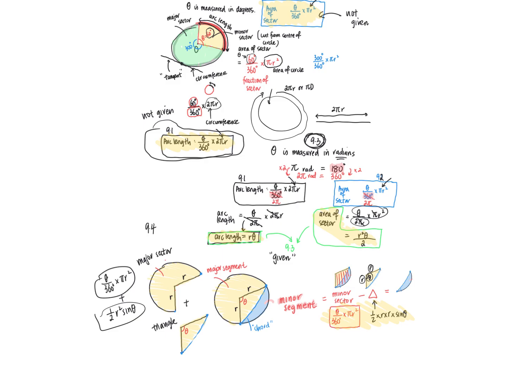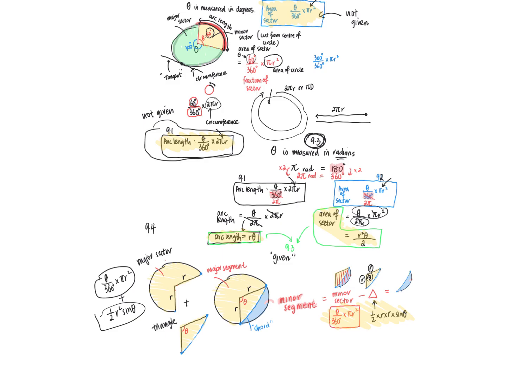Okay, the last formula is segment area. Remember, segment area has 2 types, minor or major. If this is your circle, this piece here is the minor. The remaining one is the major. This big one is the major.